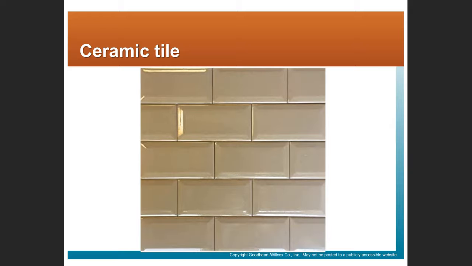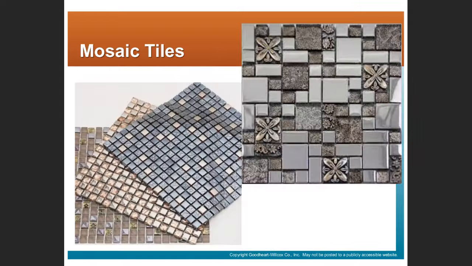Here's ceramic tile on the wall. We could also have mosaic tile. In this case, it'll be a sheet of smaller pieces of tile that are in a backer where the sheets go down together.